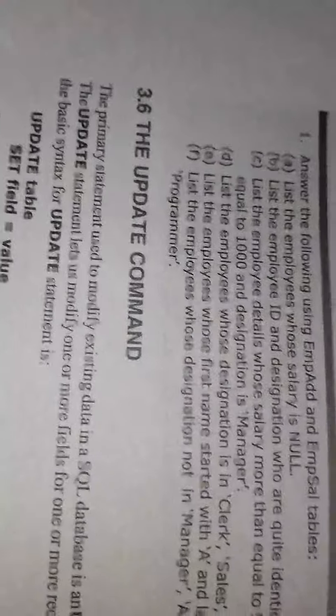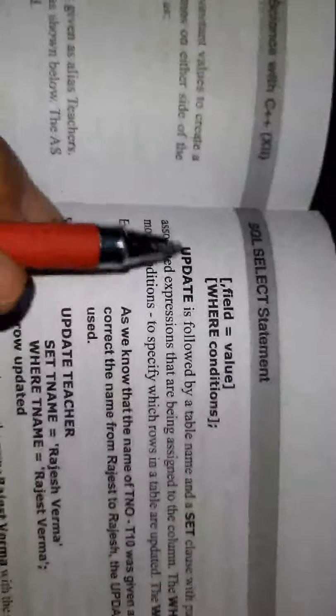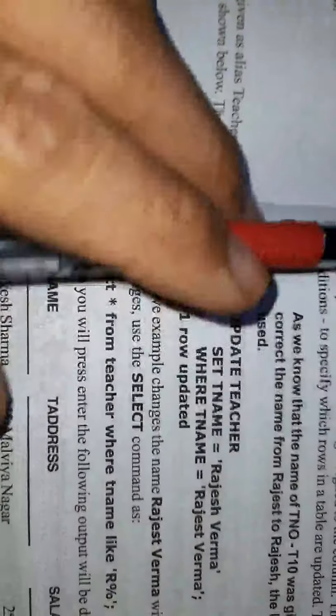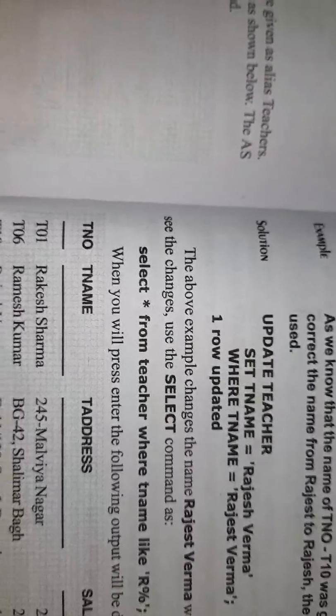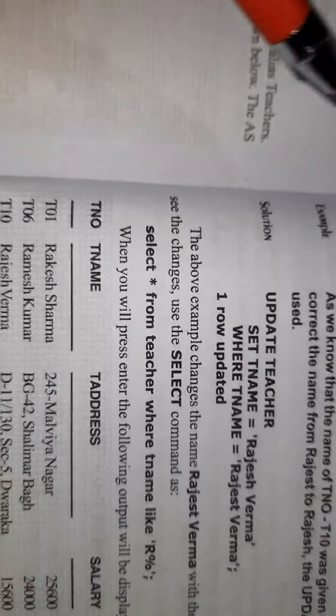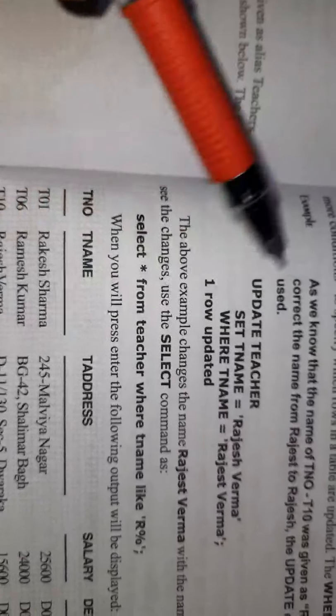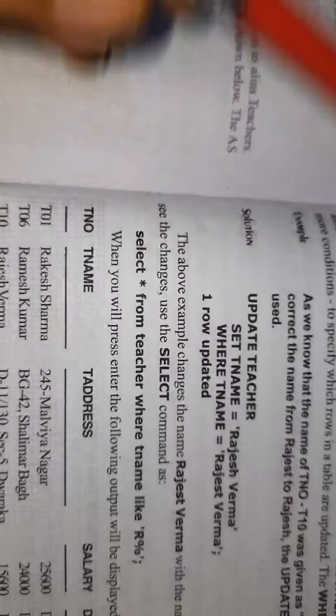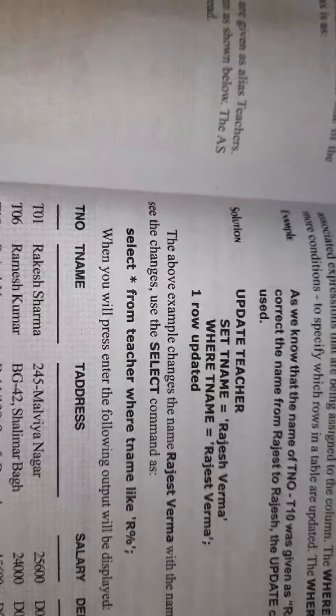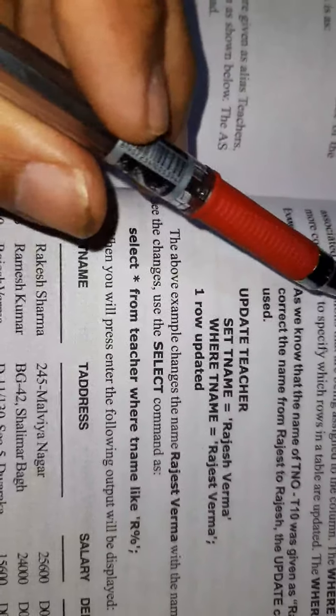Along with that, you use the where clause with the condition, okay. Now this where clause is optional, that is, if suppose you are making changes to the entire column data, then you just use update table set column name equals to values, okay. But if you have certain conditions, then in that case you use the where clause.